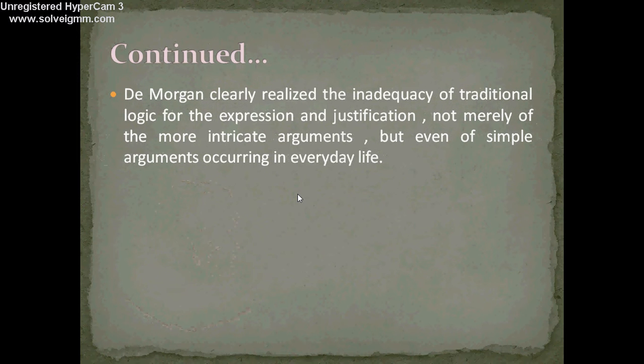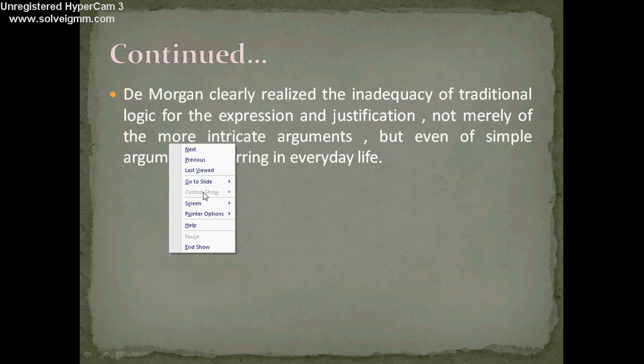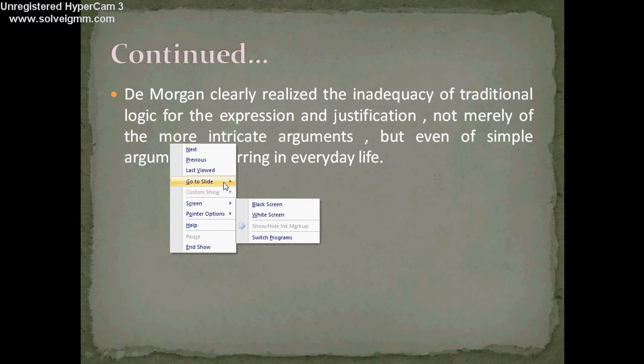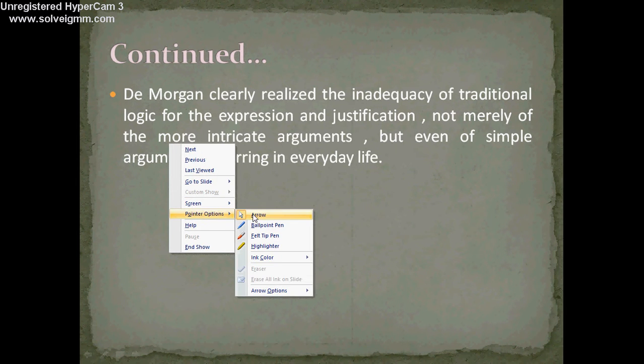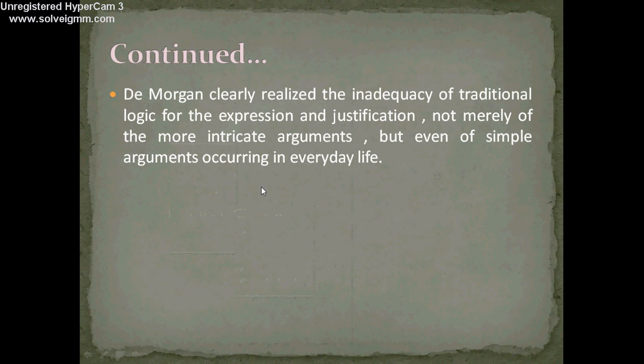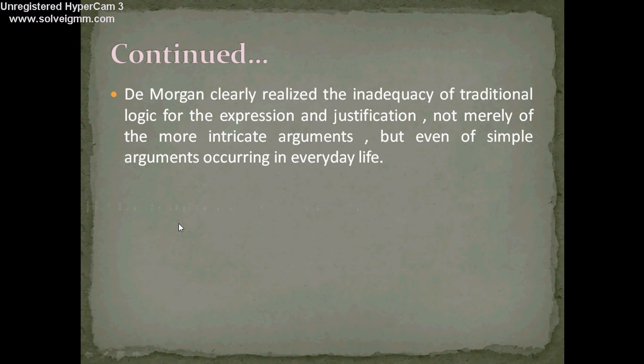According to him, the traditional logic for expression and justification was not adequate enough to express simple arguments occurring in everyday life, and so he wanted another system to express these simple arguments properly. He then introduced relations. So in this way relations got introduced.